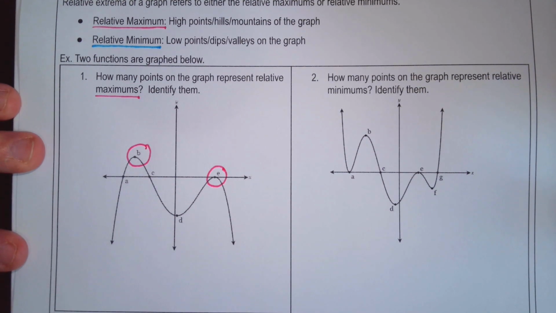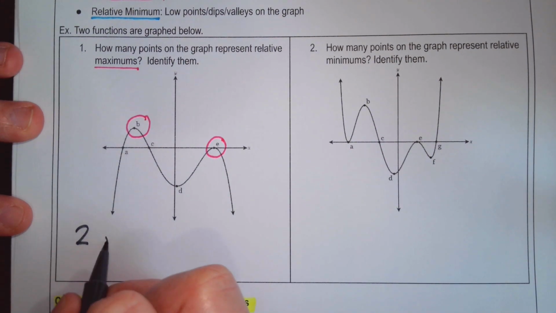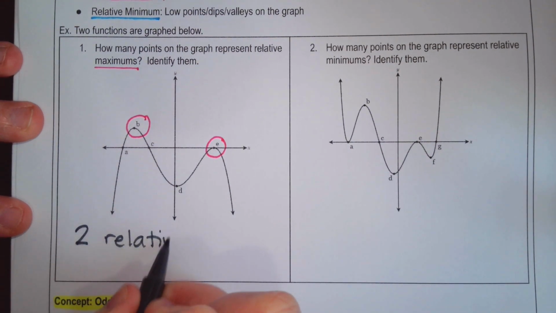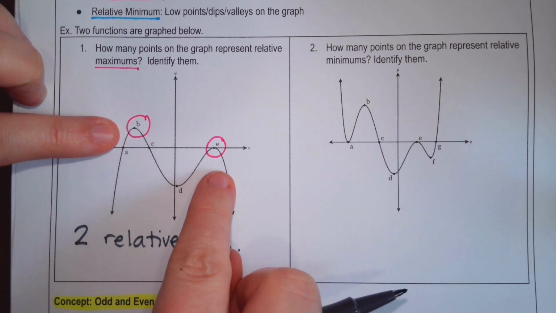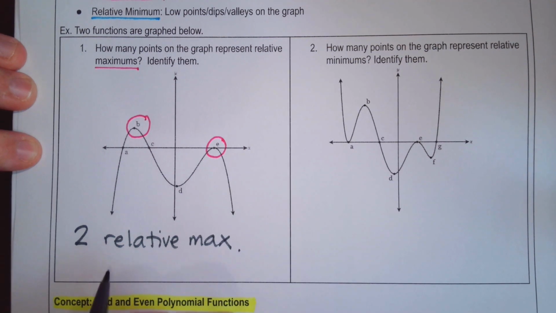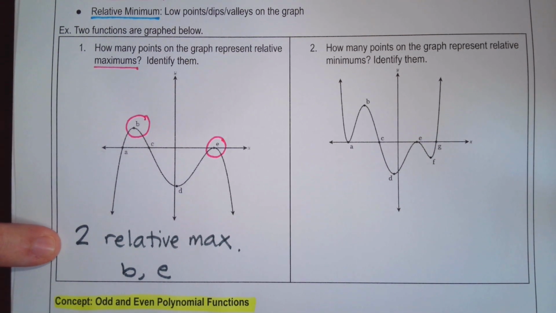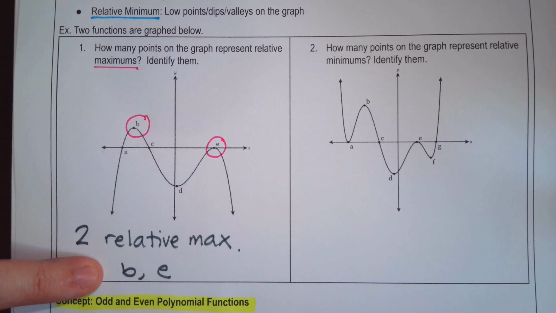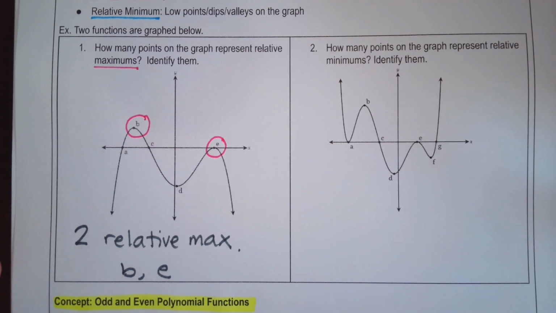As you can see from our graph, we have two relative maximums, and these are at B and E. Now in Delta Math, you're just going to identify how many. You're not going to have to write out which variables they are. In our notes, I just wanted us to do that to reinforce the topic.